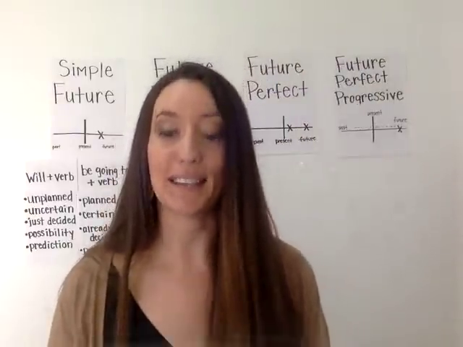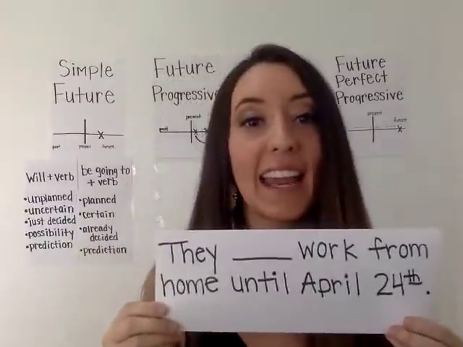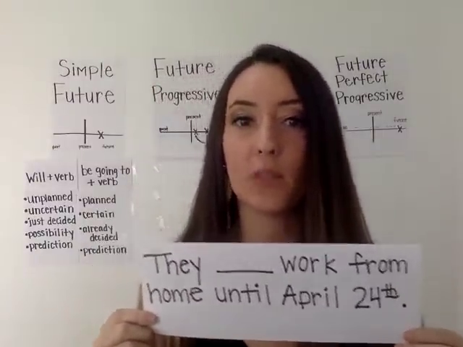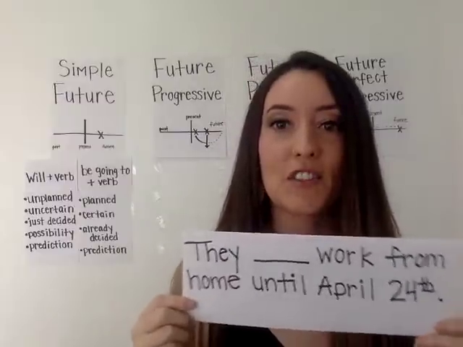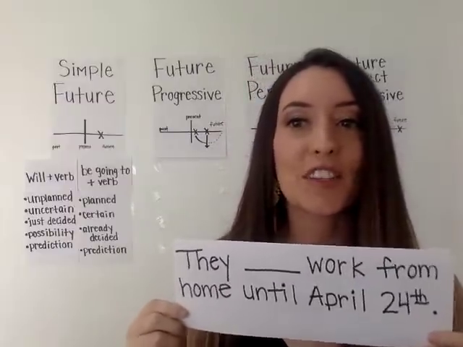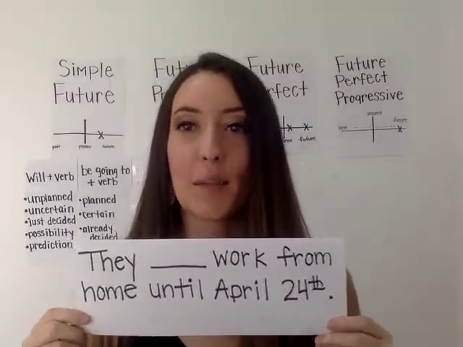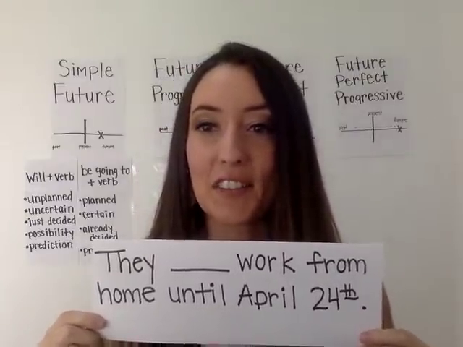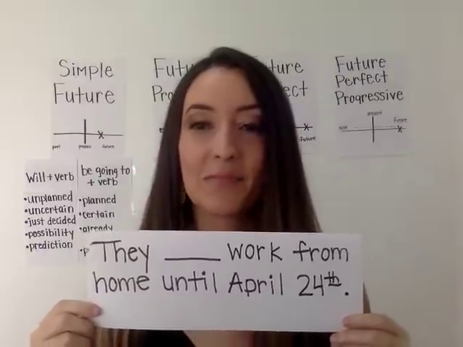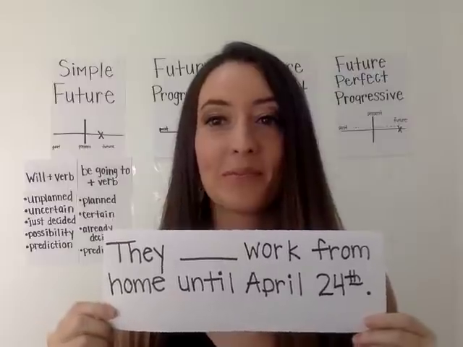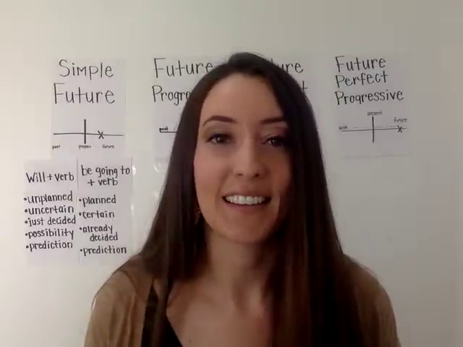Okay, let's look at another example. Get your keyboards ready. The next one is, they, blank, work from home until April 24th. Should this one be will or should it be going to? Type your answers in the chat. I'll give you just a few seconds. Will or be going to? All right.